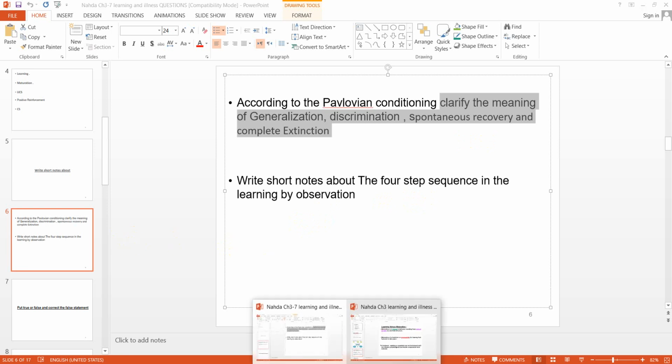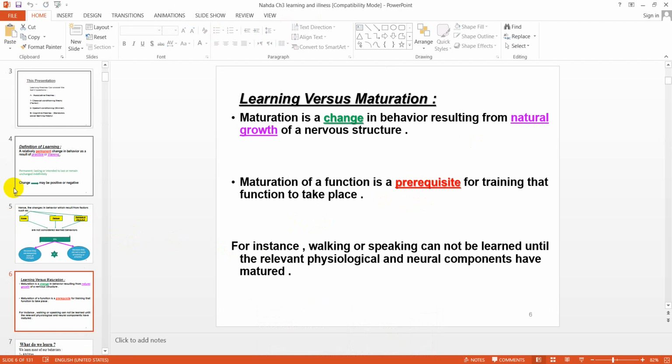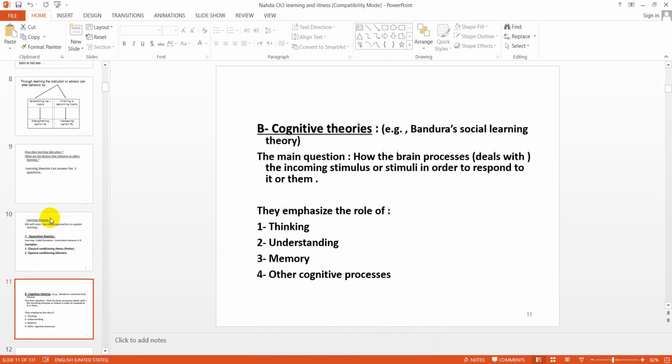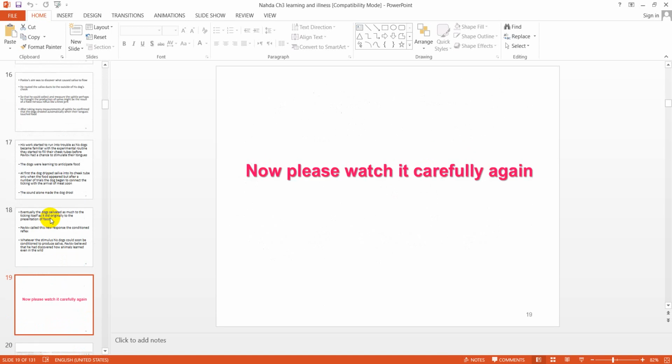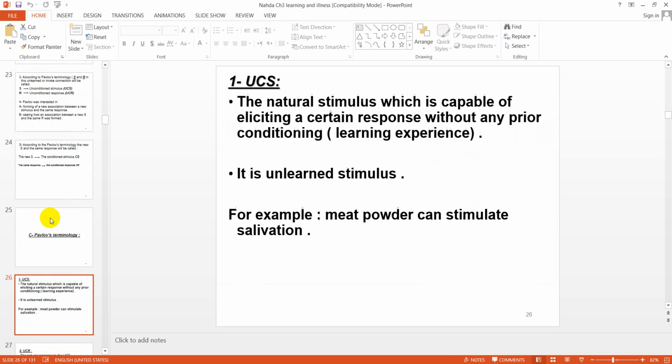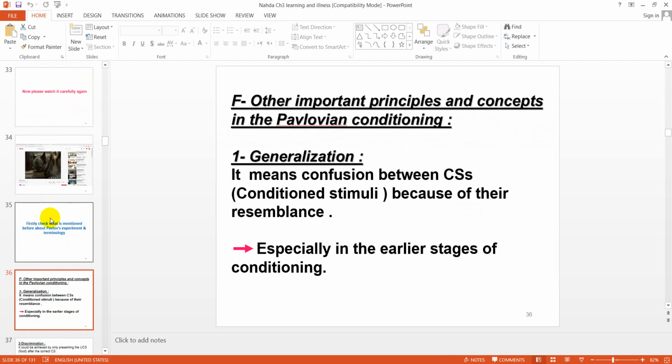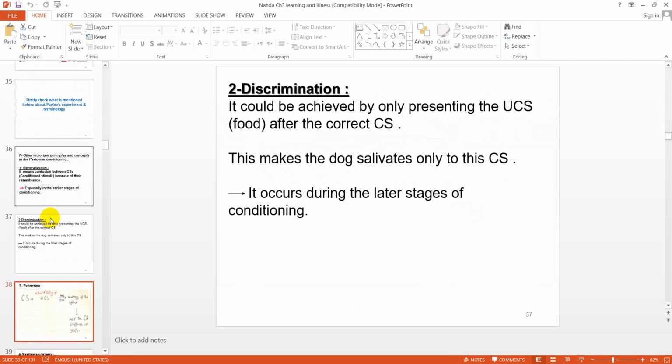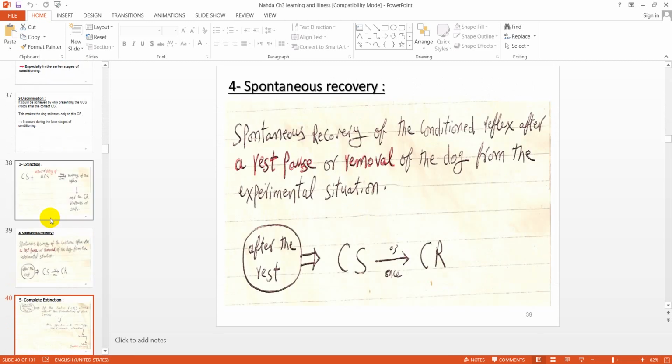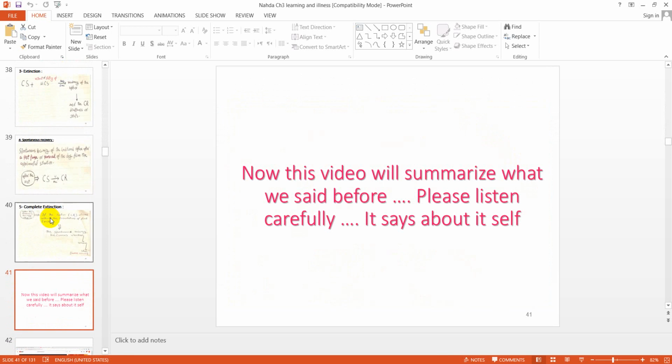Please check this slide. We have 5 slides. They show us the meaning of generalization, discrimination, extinction, spontaneous recovery, complete extinction.